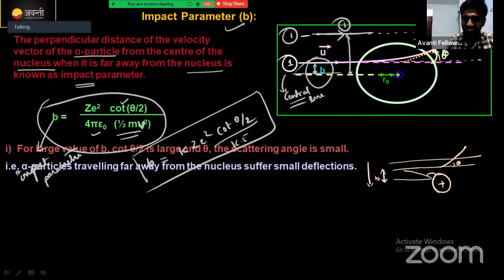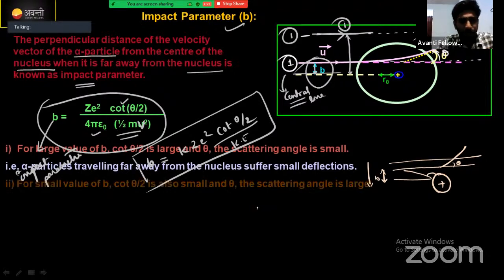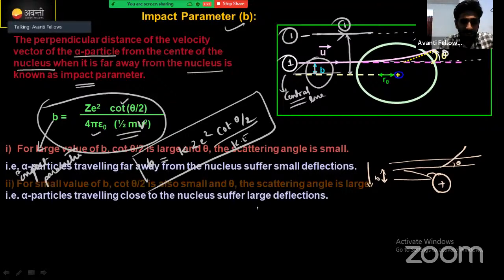Hope it is understood. As it comes down from the first velocity vector, the angle of scattering is more. And for a small value of b, cot theta by 2 is also small, and theta, the scattering angle, is large. I explained that one. Alpha particle close to the nucleus, large deflection.